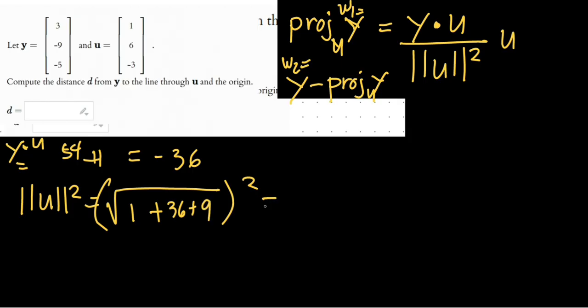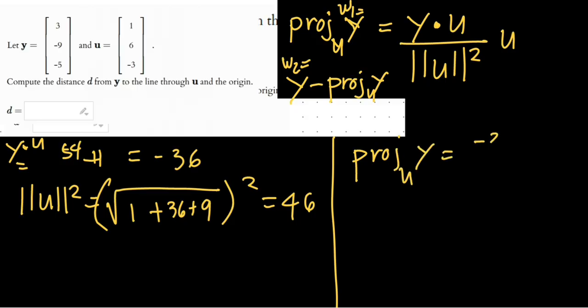Okay, so that is 46. And now you can plug in that one to w sub 1. So projection of y onto u is equal to negative 36 over 46 times u, 1, 6, negative 3.